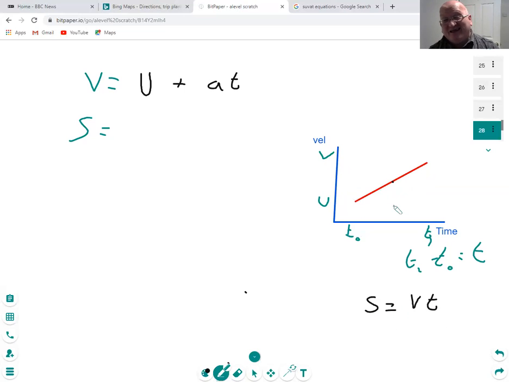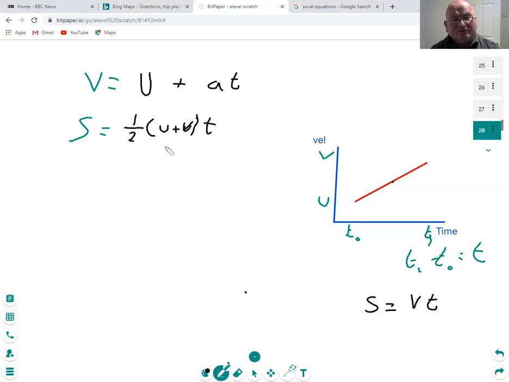And actually, the average velocity is going to be useful for working out this distance. So the average velocity, of course, is half of u and v added together, and then multiplying that by the time.